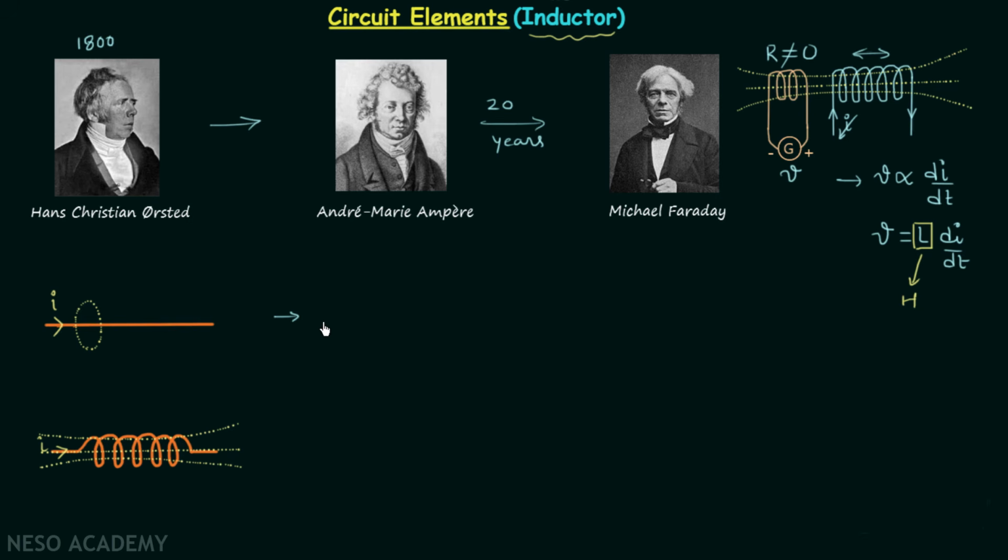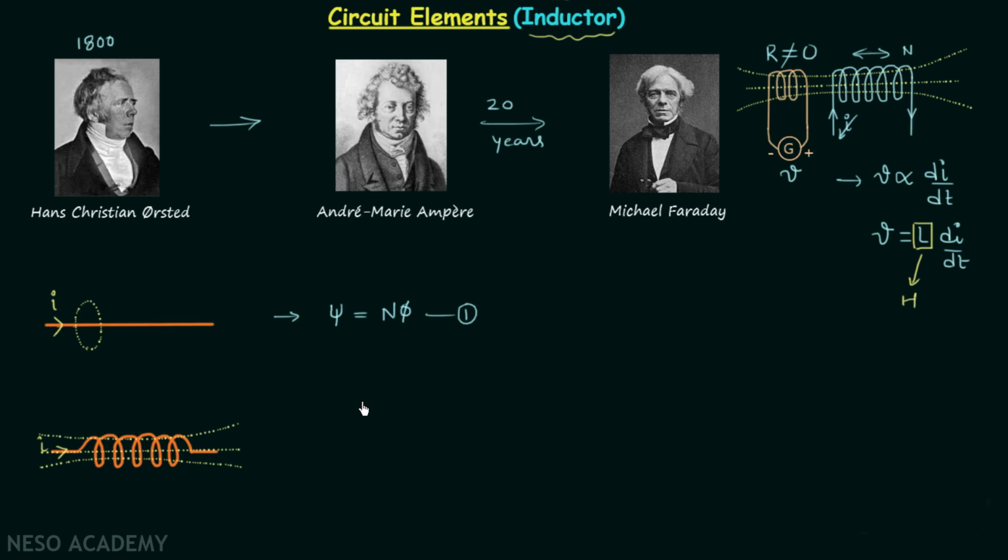And if we consider there are n number of turns, and one turn is producing the flux equal to phi, then the total flux represented by psi will be equal to n multiplied by phi. Psi is the total flux, n is the number of turns we have, and phi is the flux produced by a single turn. I will call this equation number 1.